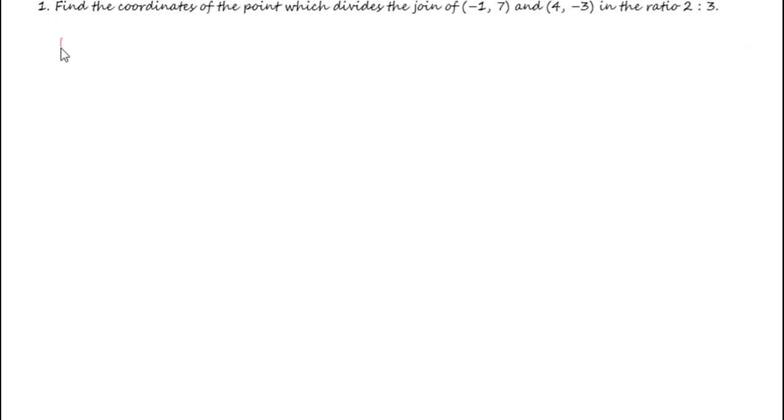So point A is -1, 7, B is 4, -3 and m1 colon m2 is 2 colon 3, m1 equal to 2, m2 equal to 3. Now we need to find out the point P whose coordinates are x and y.